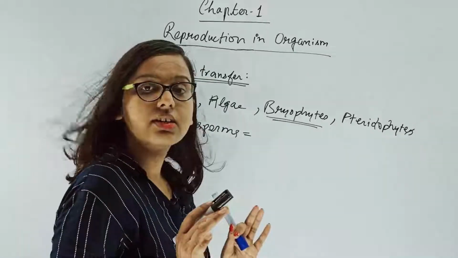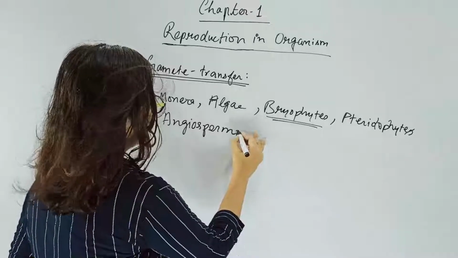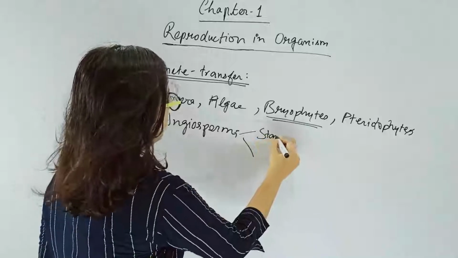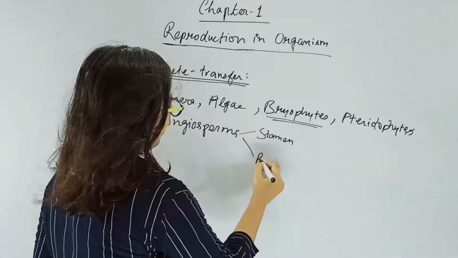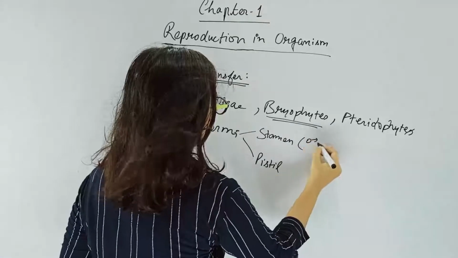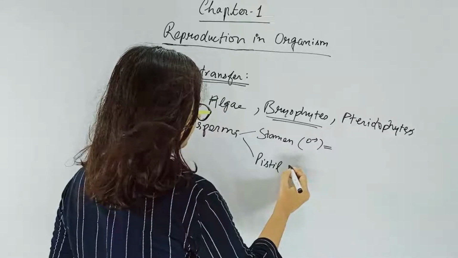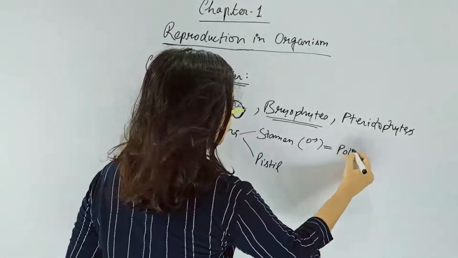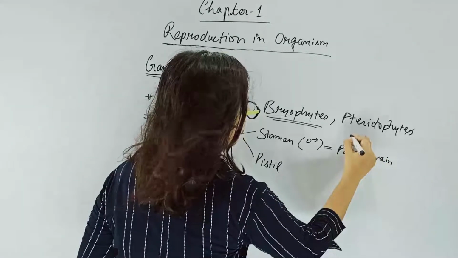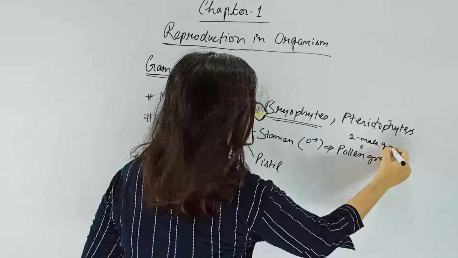The male reproductive structure is termed the stamen, and the female reproductive structure is the pistil. So male gametes will be formed from the stamen. Pollen grain contains two male gametes.